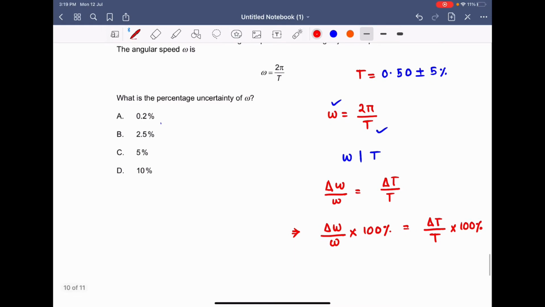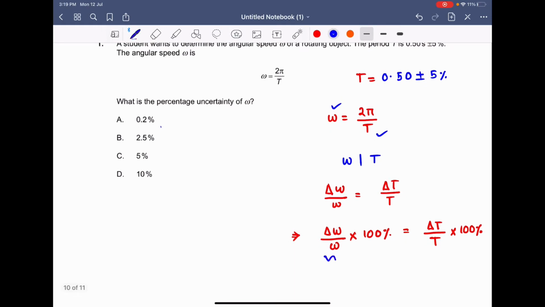Now what is this expression? This expression is the percentage uncertainty of omega.